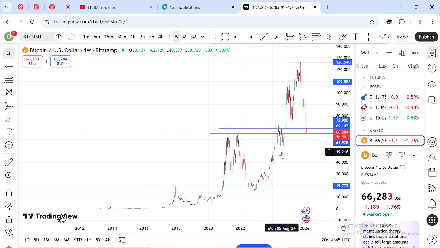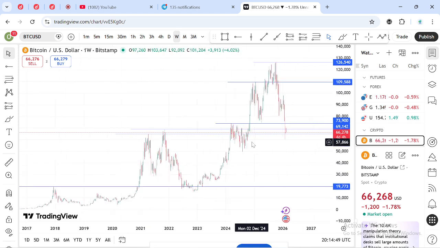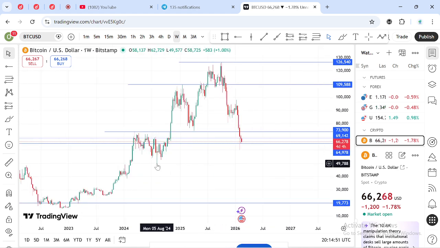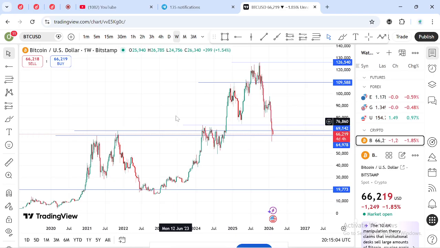I may not expect price to go below this point, which is, we may not expect price to go below what level, 49,000, 50,000. We don't expect it to go below that price point and continue pushing to the upside. But there are certain things we want to see also. You understand?